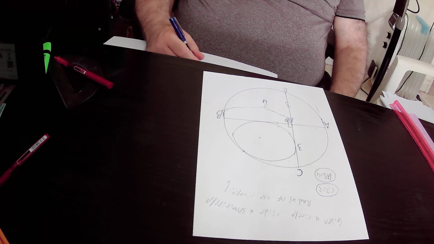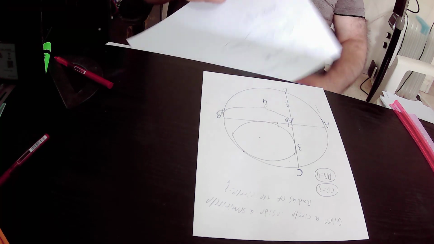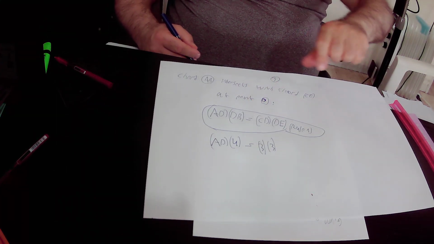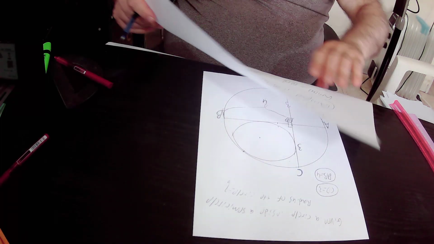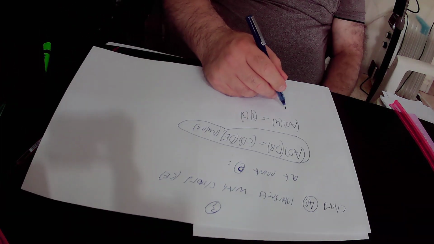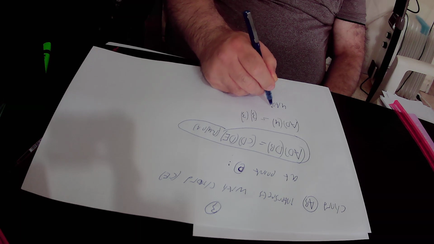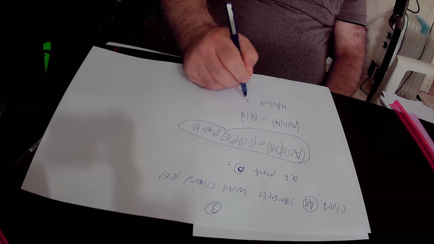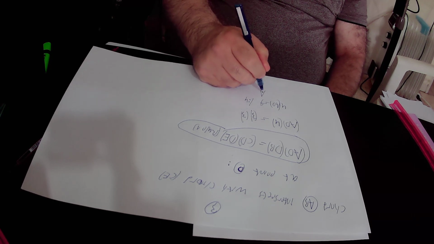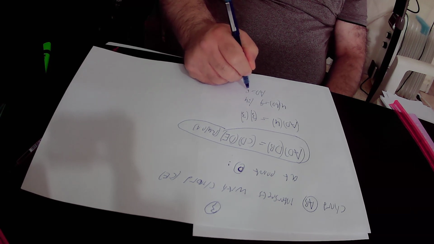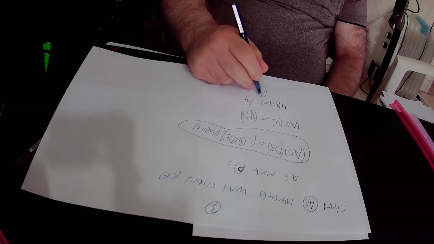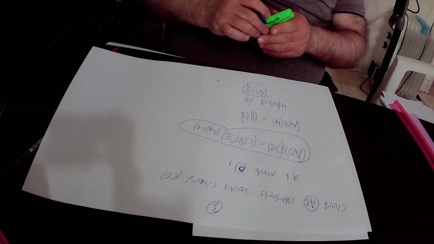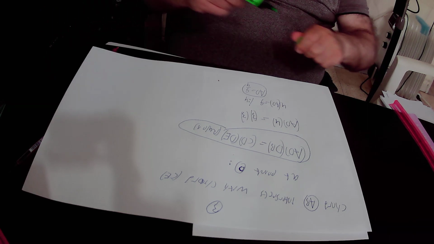So in conclusion, according to rule number 1, AD times 4 equals 3 times 3, or 4AD equals 9. Here we'll divide this equation by 4, and we get that AD equals 9 over 4 units. Okay, so we found out that the missing line segment AD equals 9 over 4 units.